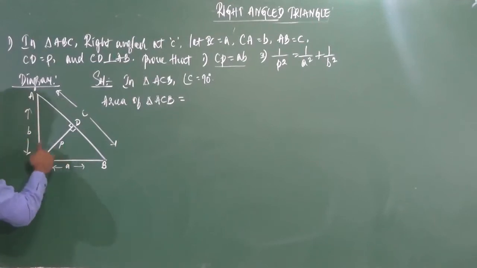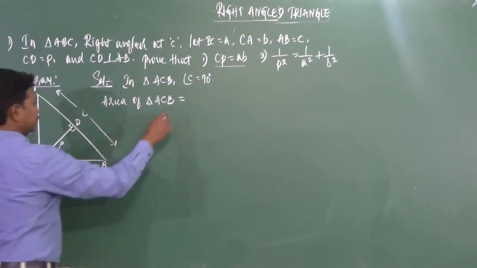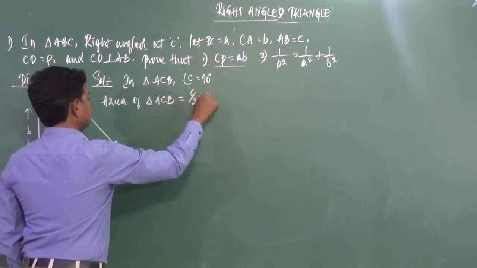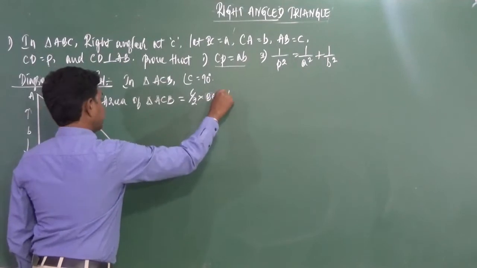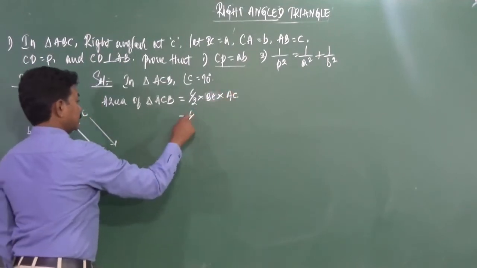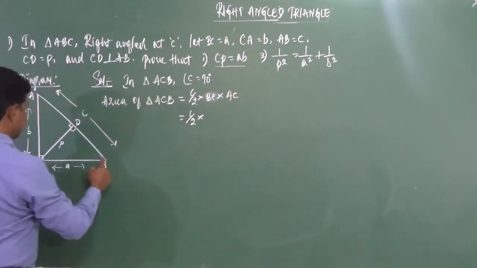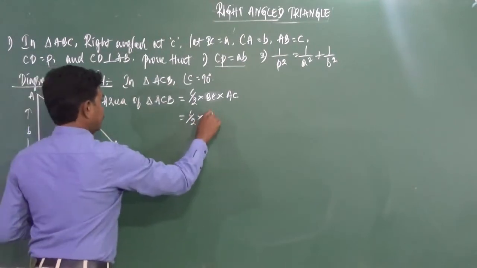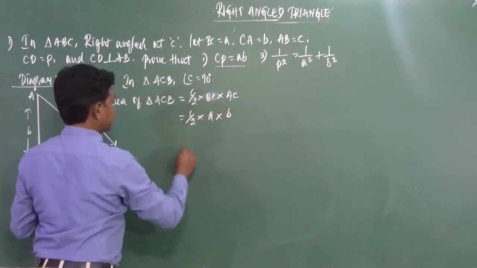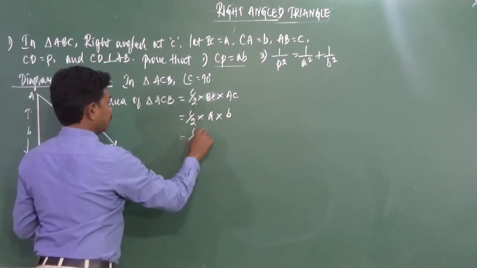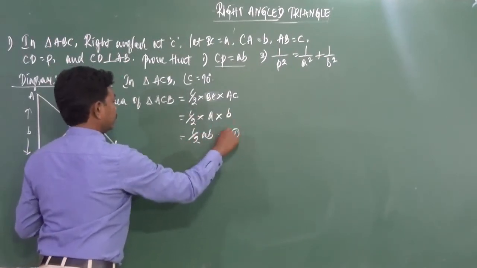So half into base into height, that is half into BC into AC. BC is represented by a and AC is represented by b. So that becomes half ab. Take it as equation 1 here.